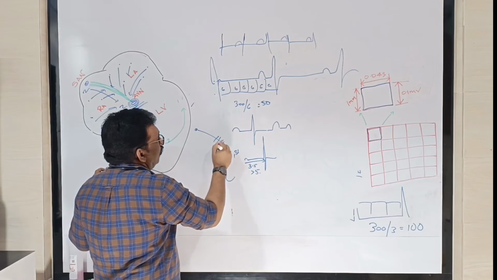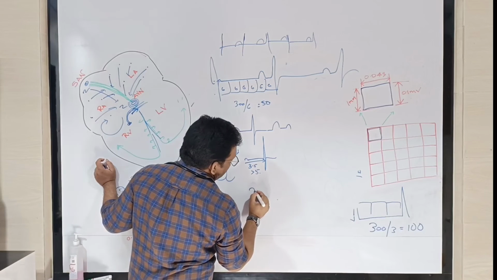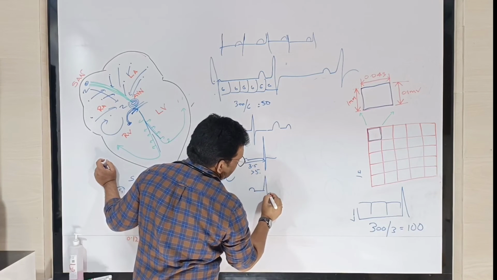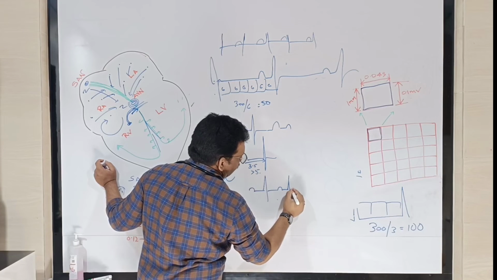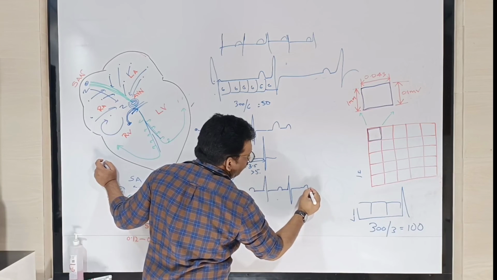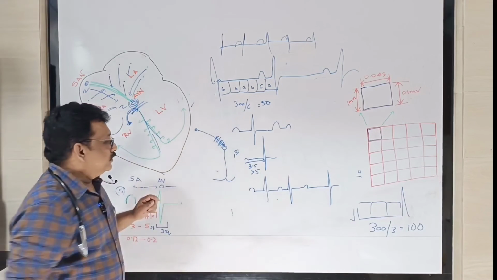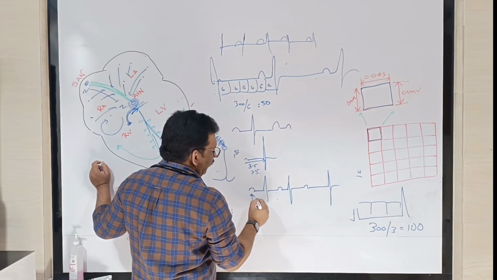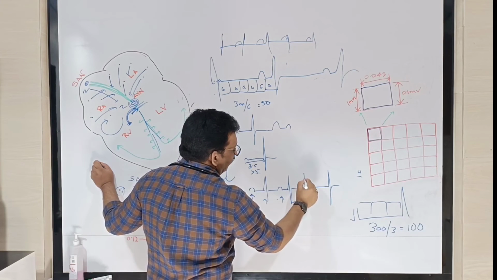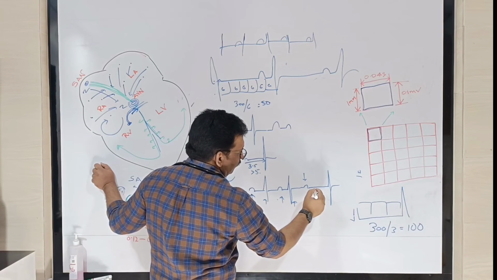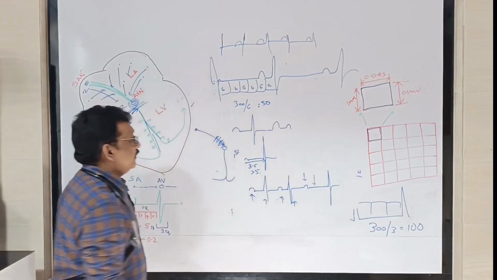Now, if there is more problem in the conduction system, P is there, QRS complex is there, then again P comes, QRS complex comes, then again P comes, and the next QRS complex is missing. After every P wave, you should get a QRS complex, a ventricular activity, but that is missing here.